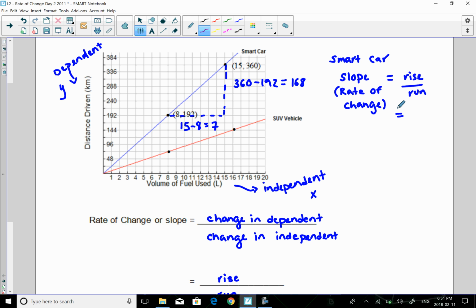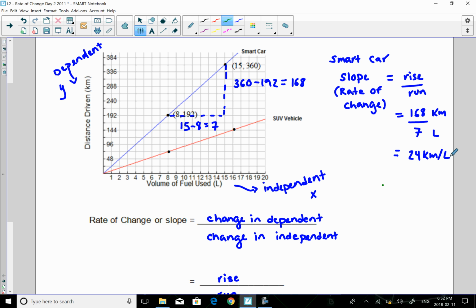Our rise is the change in the distance that went up and down, so it's 360 minus 192, so it's 168. And our run is 15 minus 8, so that's 7. I know it's a positive direction, so it's good if my slope is positive. That means I did something right. I can write the units in to help me with the final statement. So 168 divided by 7 is 24 kilometers per liter. That's how many kilometers I get per liter with the smart car.